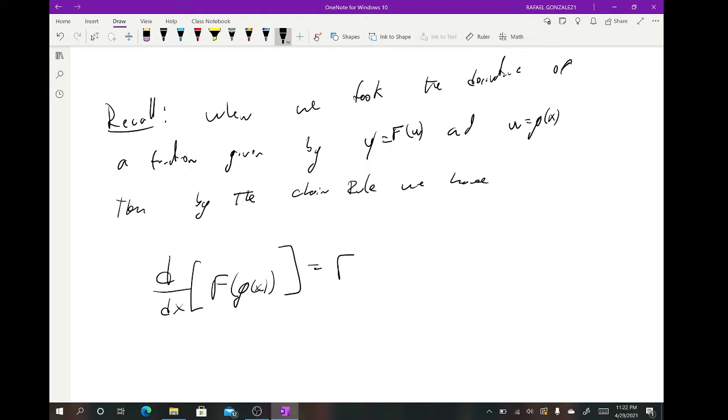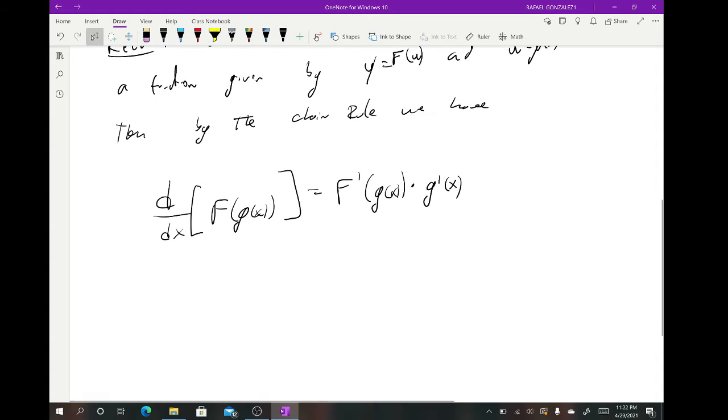This was equal to the derivative of F evaluated at g of x times the derivative of g of x. So this is what we had from the chain rule.